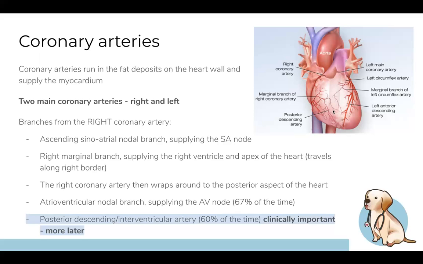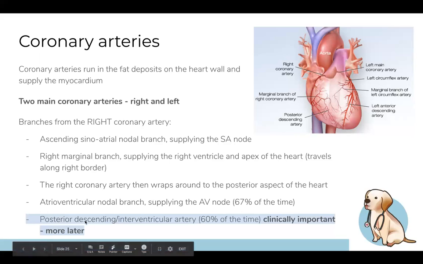And then it gives off the AV node branch. And importantly, it gives off the posterior descending artery, or you can call it the posterior interventricular artery. And 60% of the time, the heart gets blood supply from this posterior descending artery, PDA, if you will.